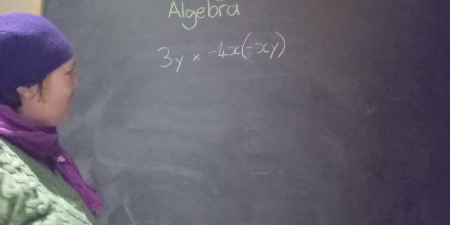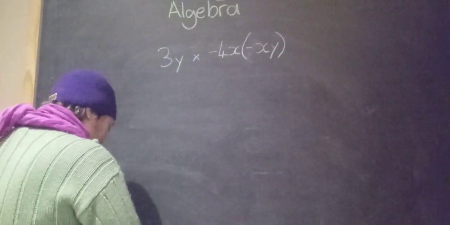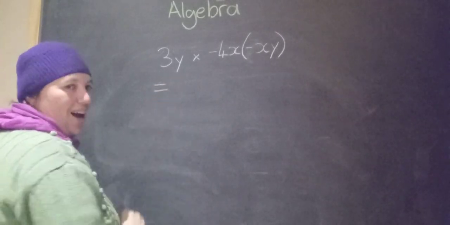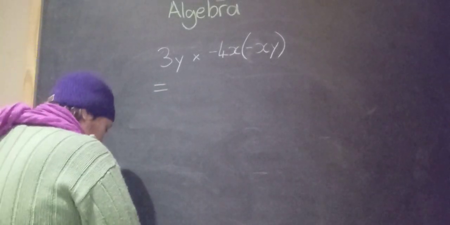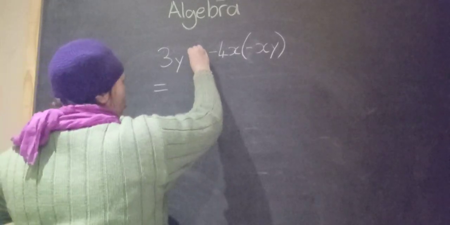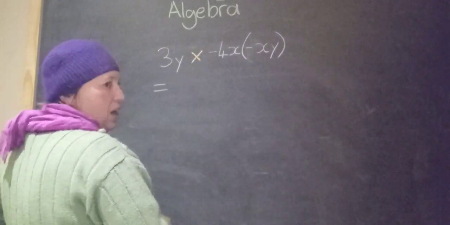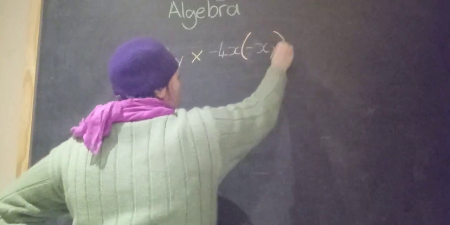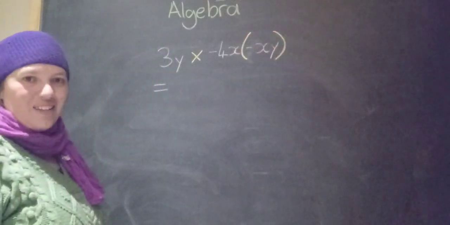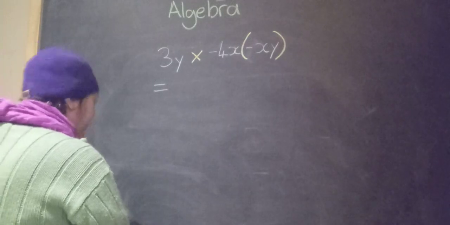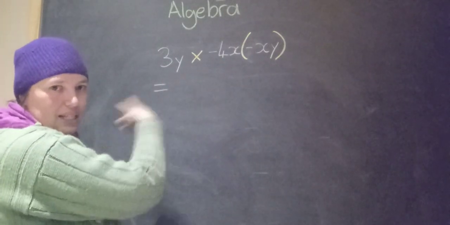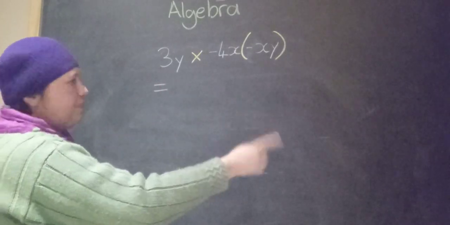Okay, so what we have here is, as always, we first look at the signs. So this is multiply. What does a bracket mean? A bracket also means multiply. So we first look at the signs. There's no pluses and minuses, so I can just put them all together.